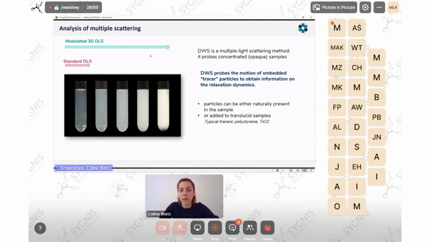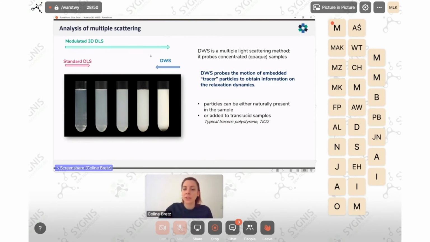However, in DWS, we want to probe concentrated samples that are opaque, because what we are looking to analyze is effectively multiple light scattering. So we probe again the motion of particles embedded in the sample to obtain information on the dynamics of the matrix in which the particles are embedded.